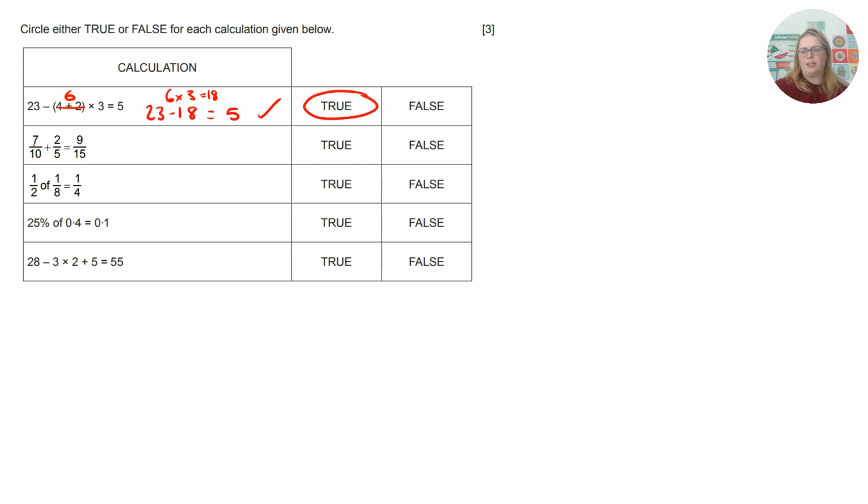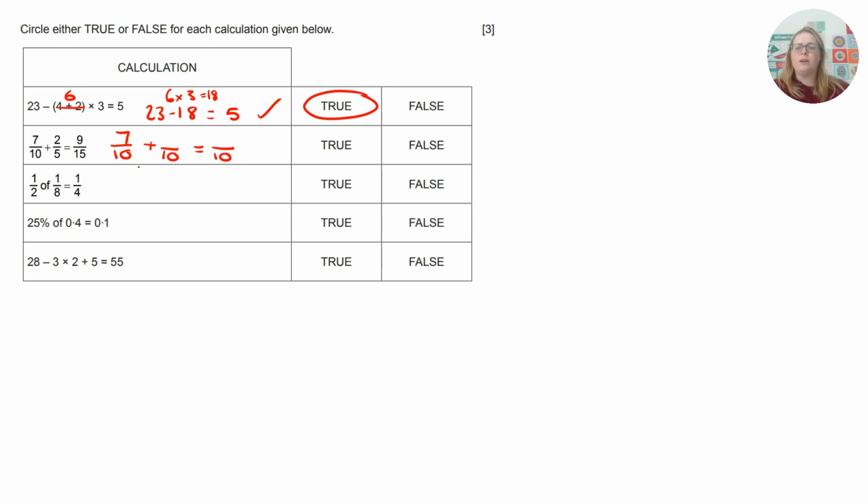The second question here, you can see where they've gone wrong because they've added the denominators and they've added the numerators, which is incorrect. They have to have the same denominator to be able to add them. We can keep it over 10, and both of them would have been over 10, but our answer also would have been 10. So that's a quick way of checking how they're not correct.